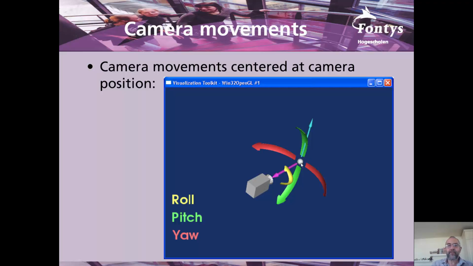So the object will go out of view if your pitch is big enough. And same with a yaw. If you do a yaw to the right of your camera, you will see the object disappear to the left in the window. And the roll is the same as before, so actually we have 5 different operations.